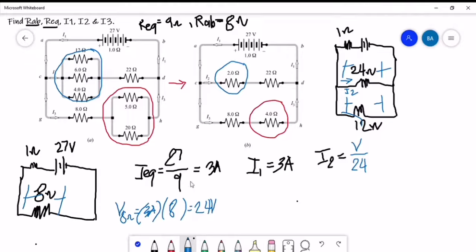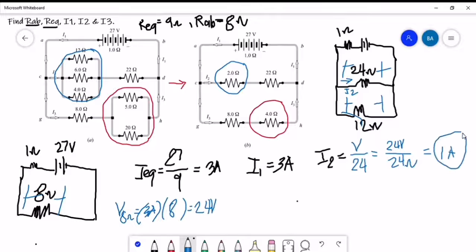We already have the voltage drop here, so now we can solve for our I sub 2. The voltage that we are going to use is this 24 volts. So our I sub 2 will be equal to 24 volts divided by 24 ohms, which is 1 ampere.